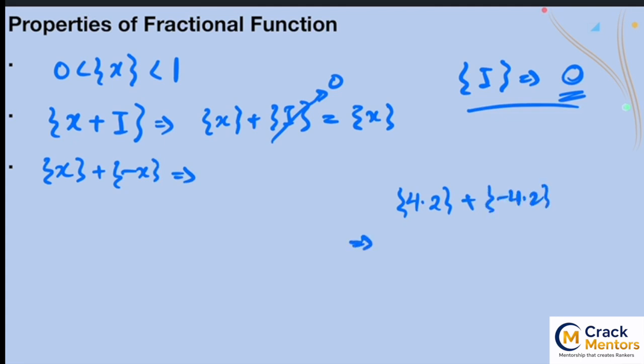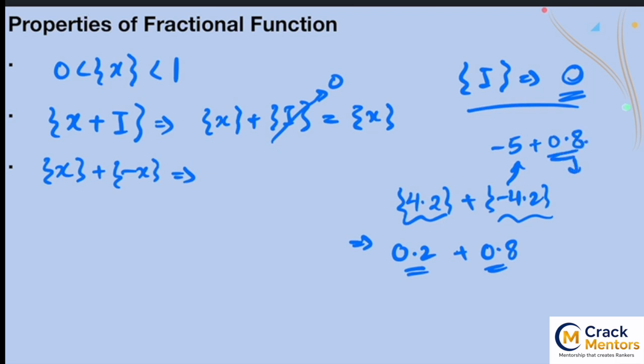What can it be? It will be directly 0.2. And the other part will be plus 0.8, because this can be broken into minus 5 plus 0.8, because this part can never be negative. It will always be a positive. So the final answer will be 1.